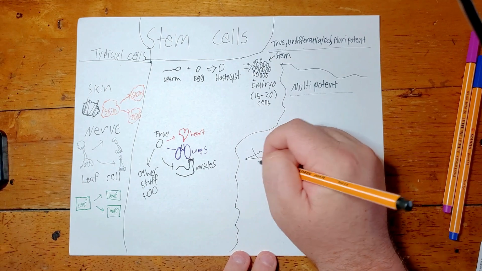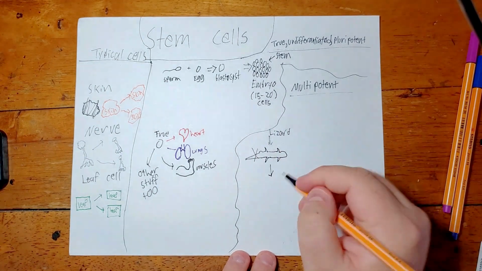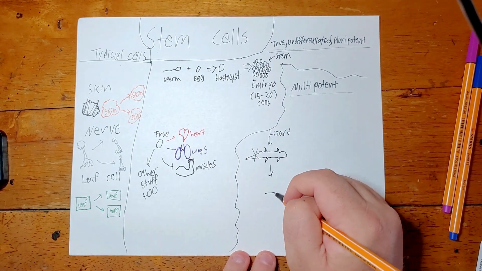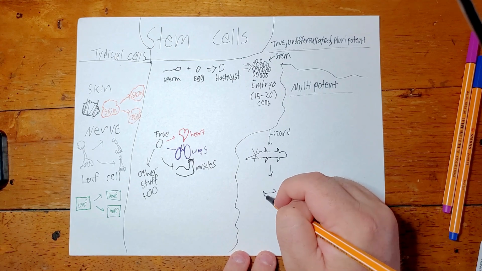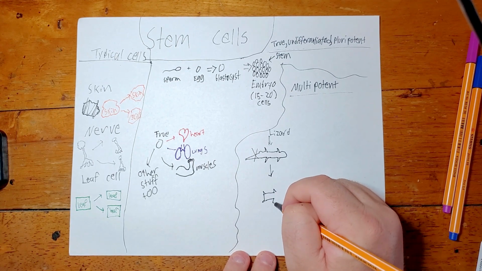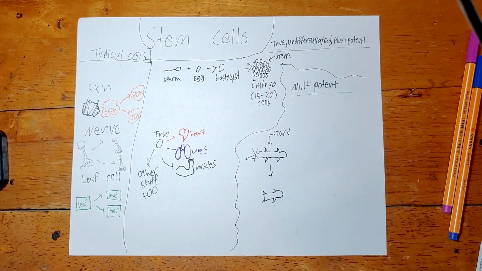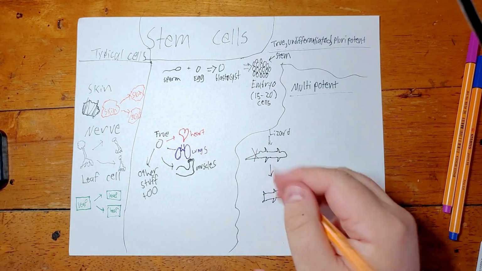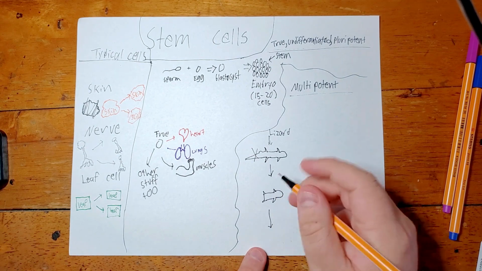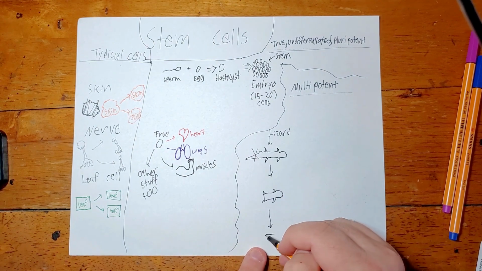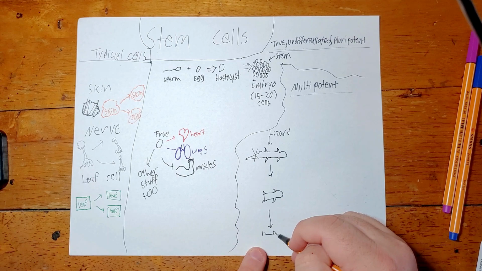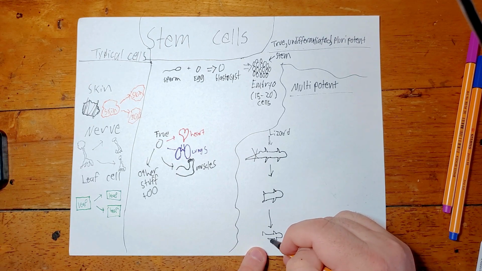Right? If we have a lizard and it loses its tail, for whatever reason, some lizards can actually get rid of their own tails when they're being chased by predators. And some lizards will have their tails eaten off by predators. But over time, they can grow those tails back.